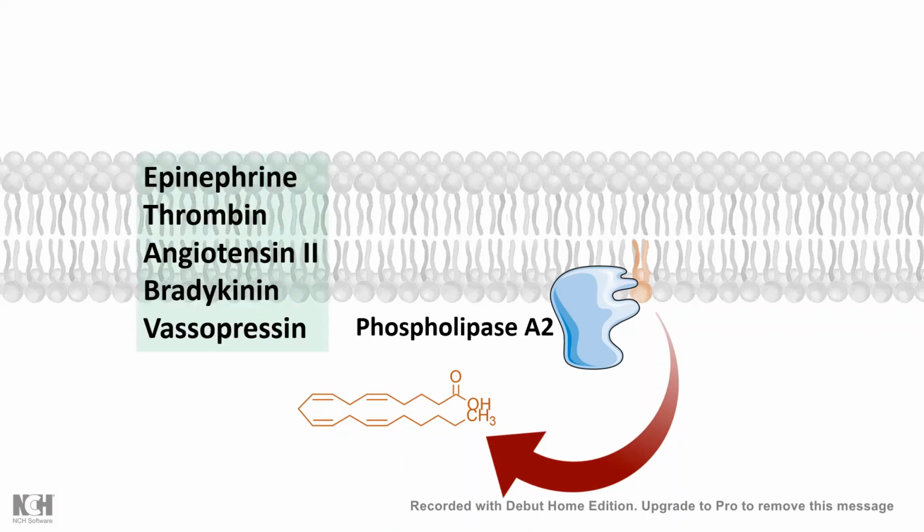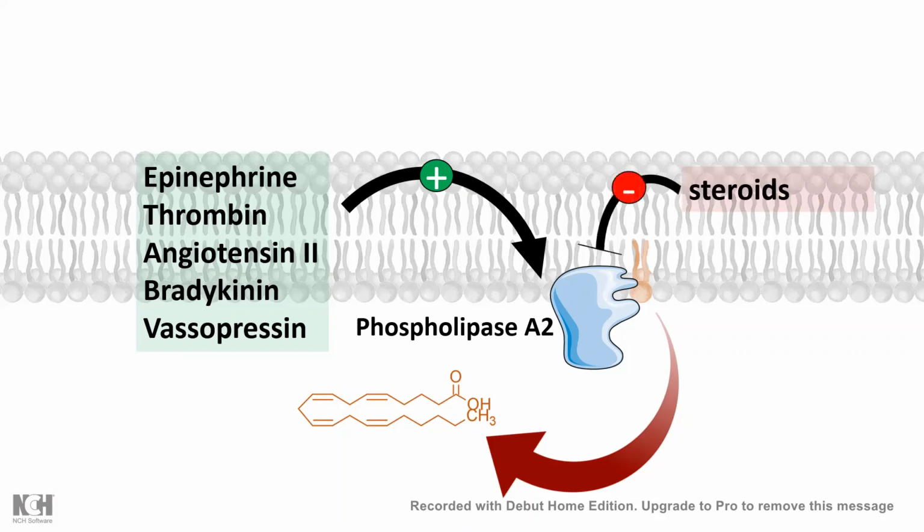It turns out epinephrine, thrombin, angiotensin 2, bradykinin, and vasopressin all positively regulate phospholipase A2 and thus lead to production of prostaglandin, whereas steroids inhibit phospholipase A2 activity and thereby prevent production of prostaglandins.